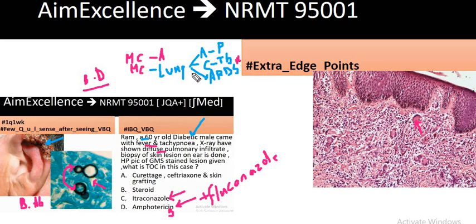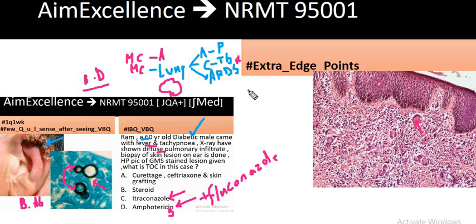Alongside the lung, the other organs that generally get affected, one of them is the brain, where we have already said there will be brain abscess, and there can be meningitis.